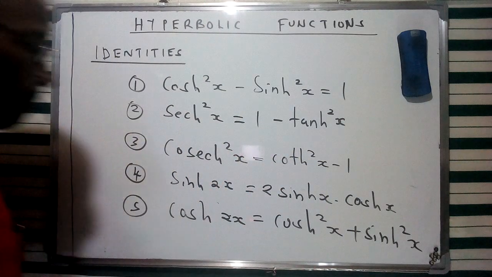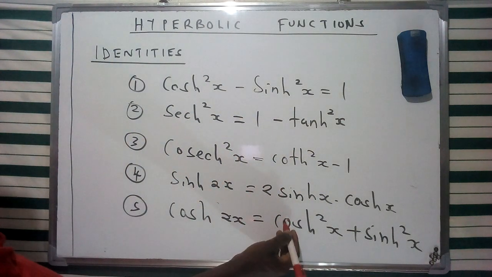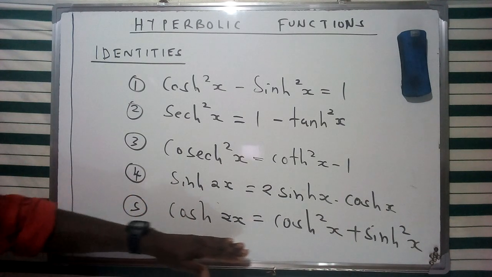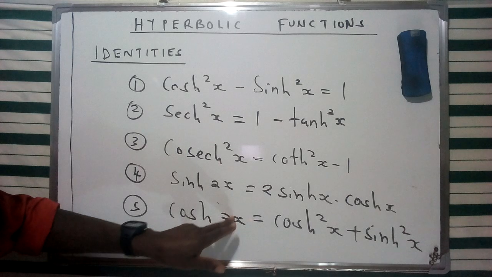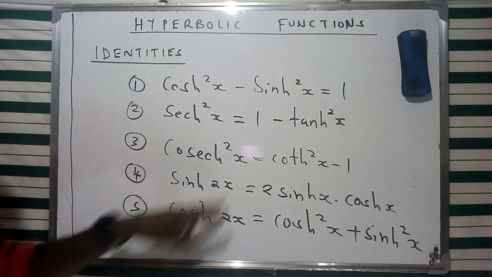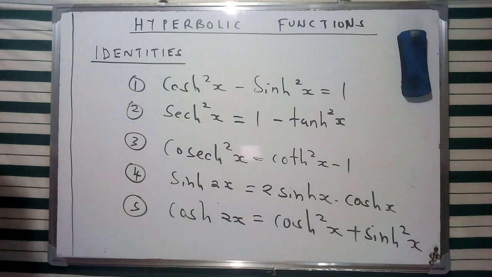This is roughly the same as the trigonometric identity of cosine squared x plus sine squared x, only that the sum of the two is contrary to the unity in trigonometric functions. This is the cosh 2x given as such.